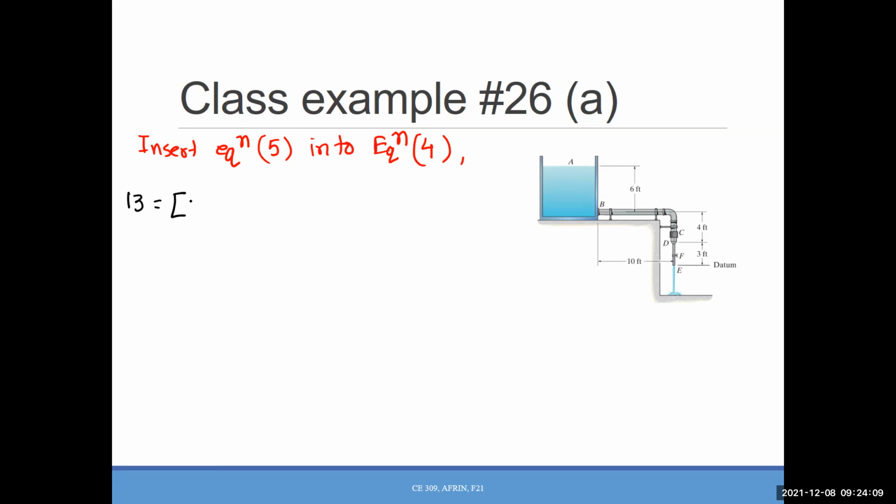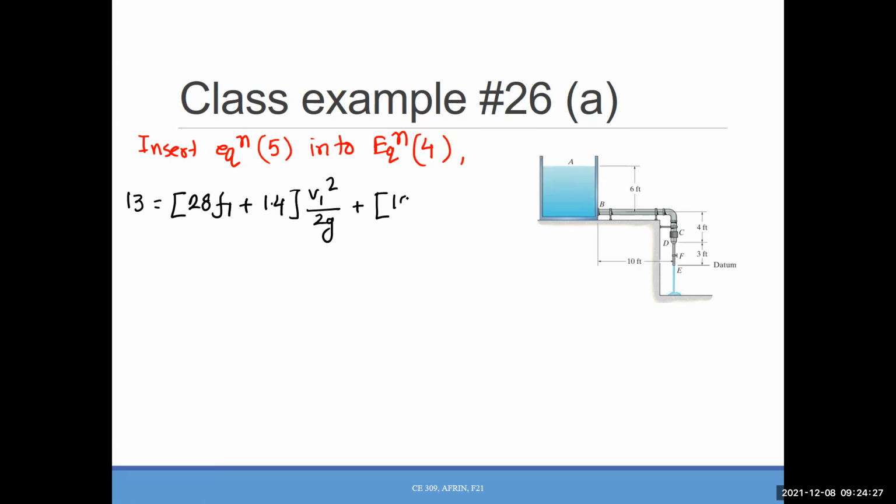13 equals 28 F1 plus 1.4 V1 square over 2G.